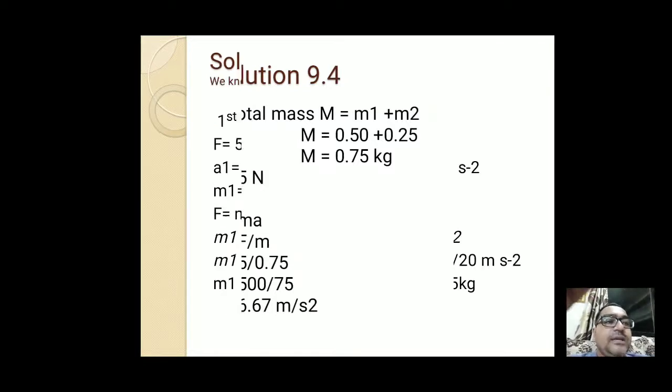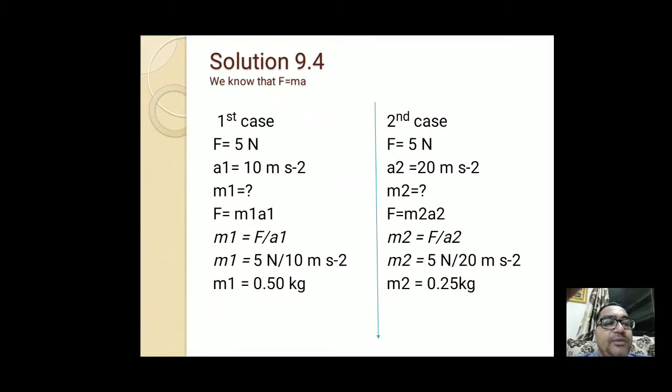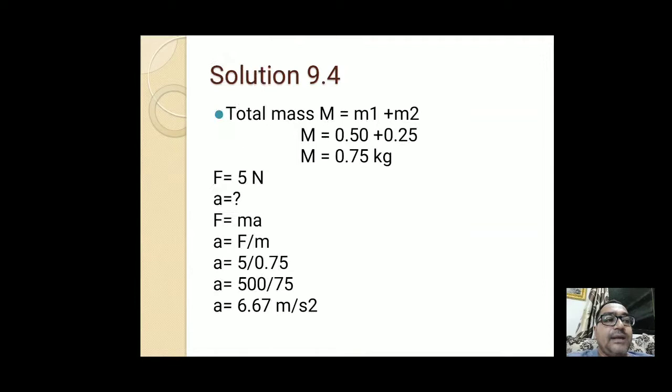We got m1 0.50 kg and m2 equal to 0.25 kg. Adding, total mass m equals 0.75 kg, and force applied is 5 Newton. So F is equal to 5 Newton, and acceleration is equal to question mark.